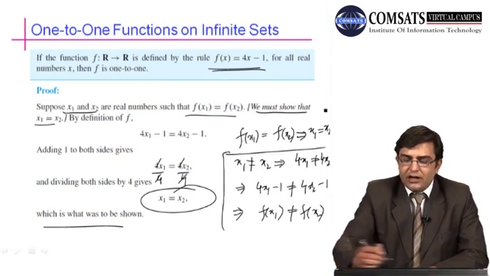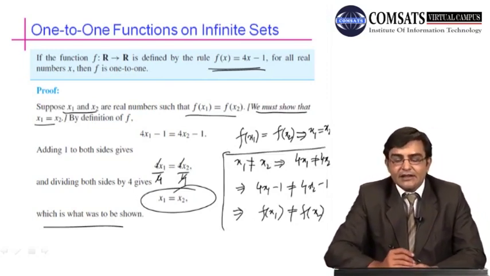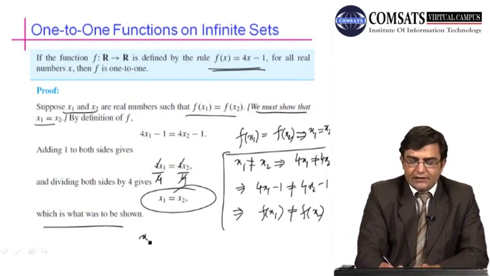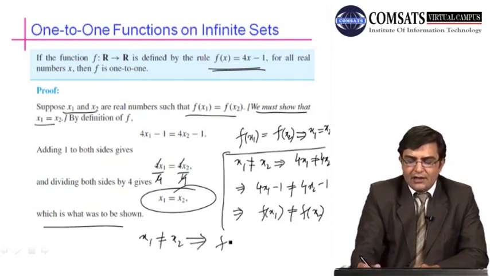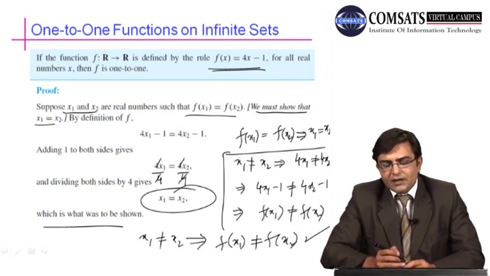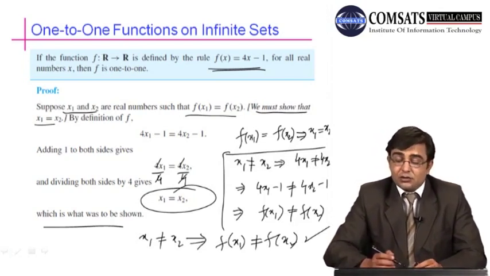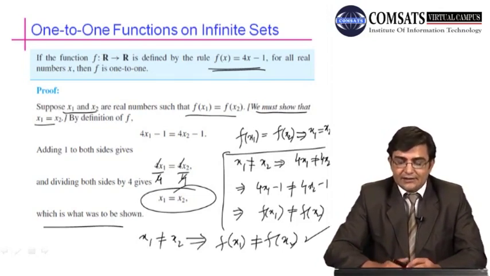Here we have used the alternative technique, in which we suppose that x1 is not equal to x2, and we have arrived at f of x1 is not equal to f of x2. So therefore this function is one-to-one. We have proved it by using two alternative techniques.